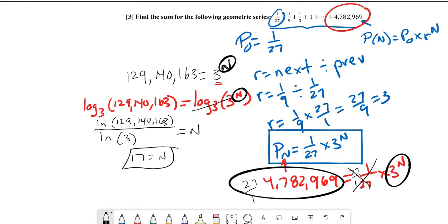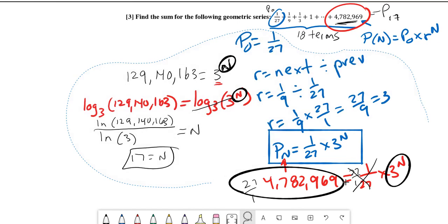So that means that this term up here, the 4,782,969, is the term with a subscript of 17. That is P17. Well, if we're going from P0 to P17, that means we have a total of 18 terms. So let's clear this screen so that we can now do the next part of this problem.